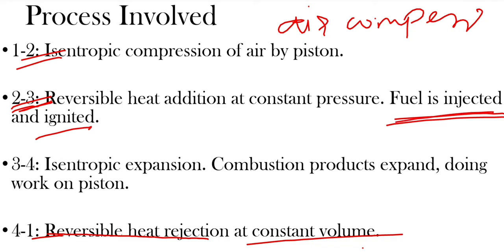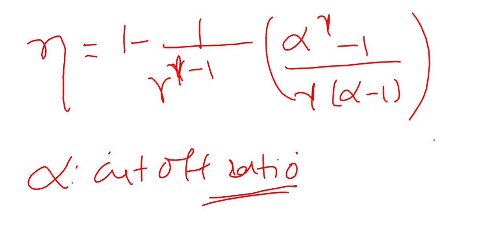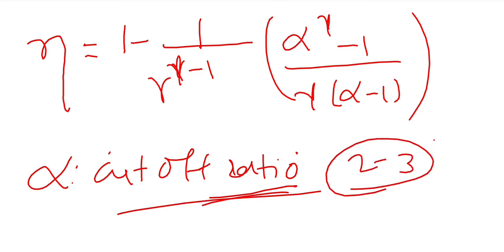The fuel injection starts in 2 to 3 and also ends in 2 to 3, and that is known as the cutoff ratio, alpha. The timing of the start and the end of the fuel injection in 2 to 3 is known as alpha, the cutoff ratio.